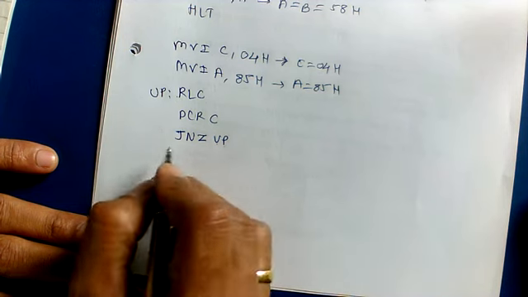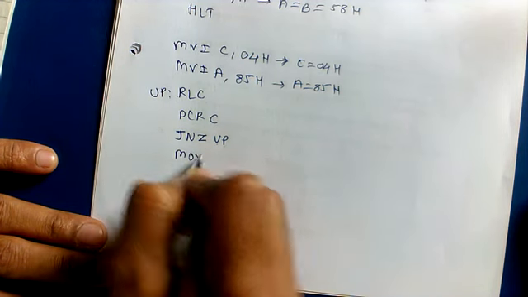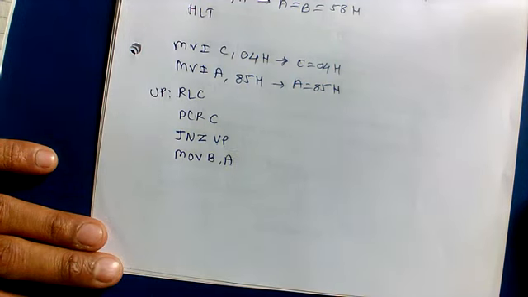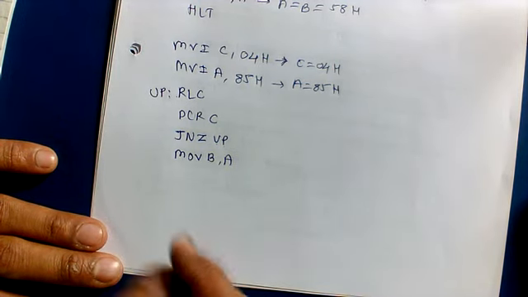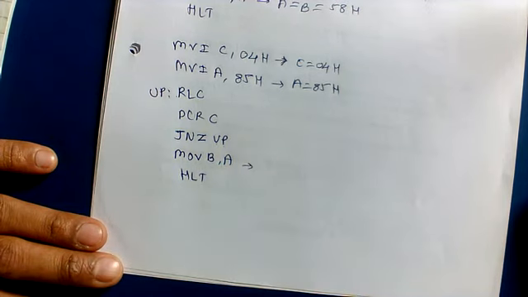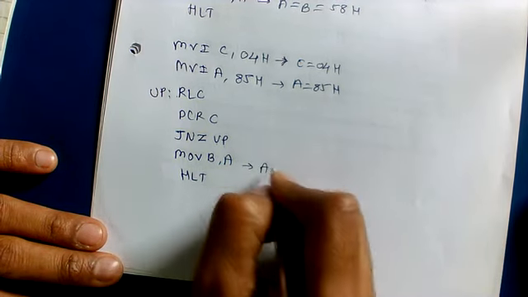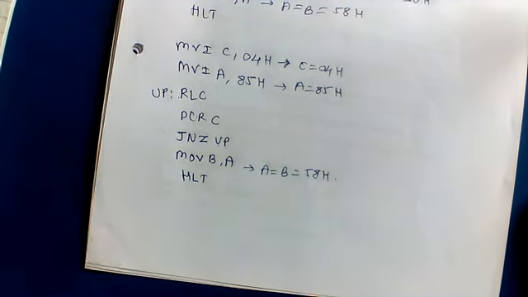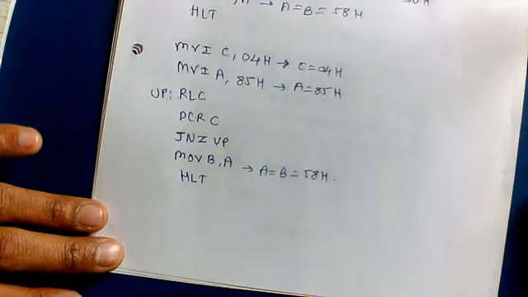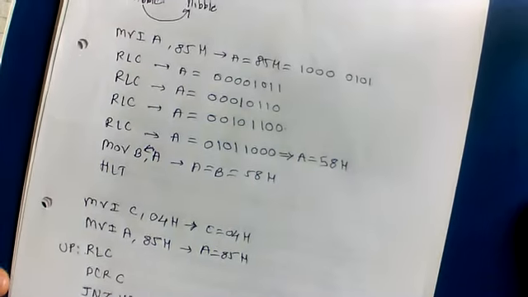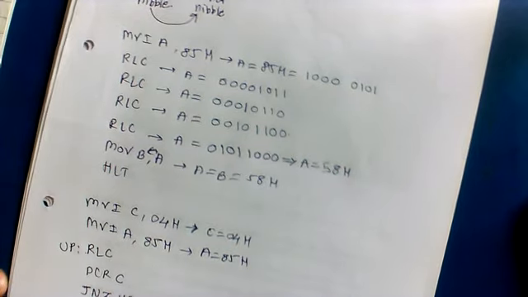And suppose you want to copy the result in B register, you can use MOV B comma A. Okay, and last instruction is HLT instruction. After execution of this MOV B, A, in accumulator and B register, you should get 85 hex. Okay, so in this way there are two ways to write the program for the swapping.